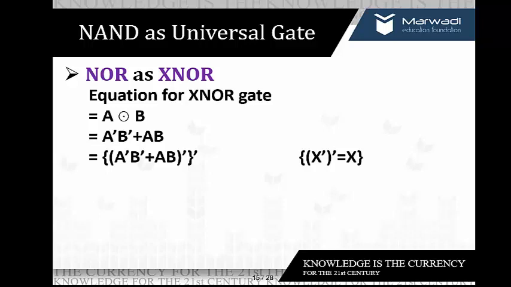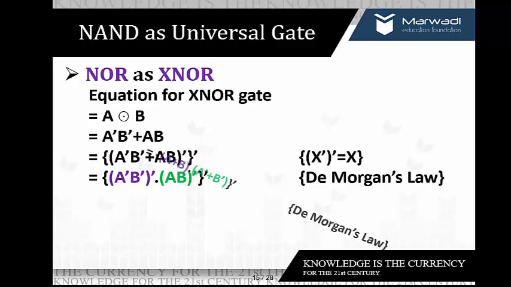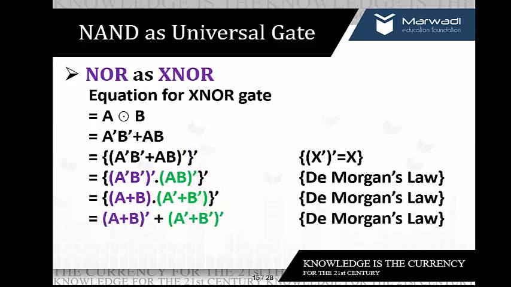On application of the double complement rule, now I will be applying De Morgan's law thrice to get the simplified Boolean expression, but still the expression is not in the form of NOR gate. The two terms (A plus B) whole complement and (A complement plus B complement) whole complement are in the form of NOR gate, but the entire expression is still not in the form of NOR gate.